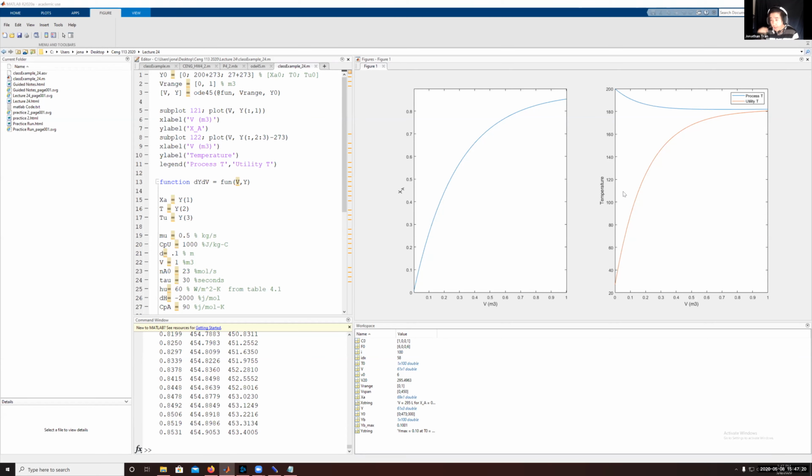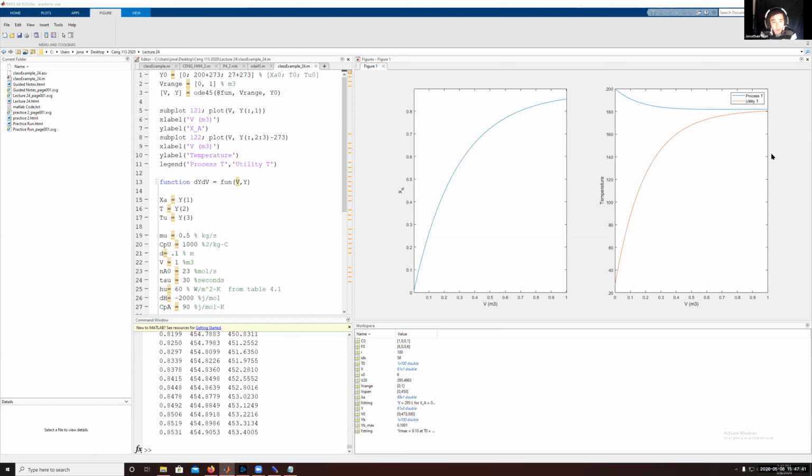Similarly, for the temperature plot, here we have a plot of the utility temperature and the process temperature. Utility is in orange. Recall that the del H value for this reaction was negative, which means it's an exothermic reaction. Because it's exothermic, we need a cooling utility fluid.